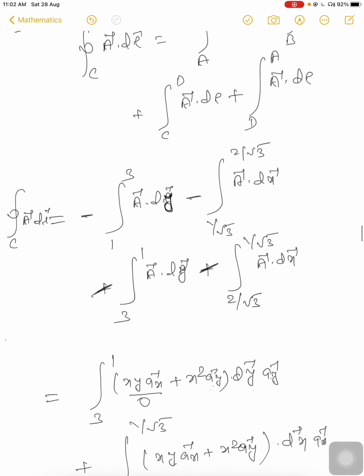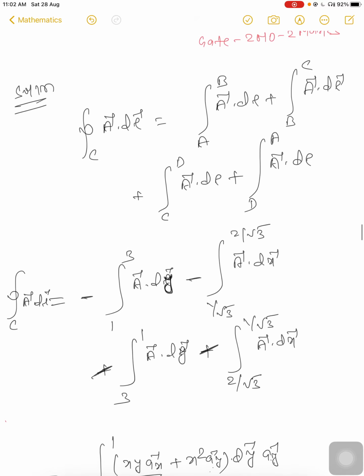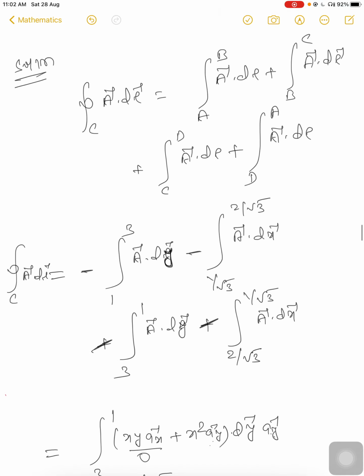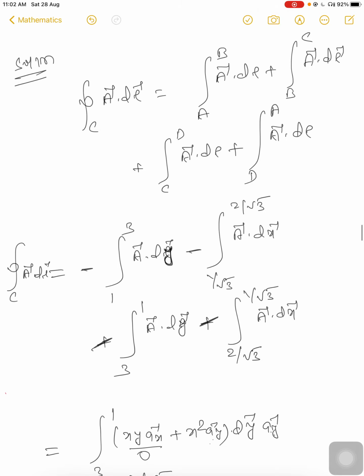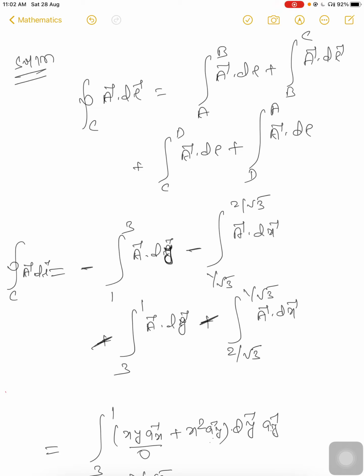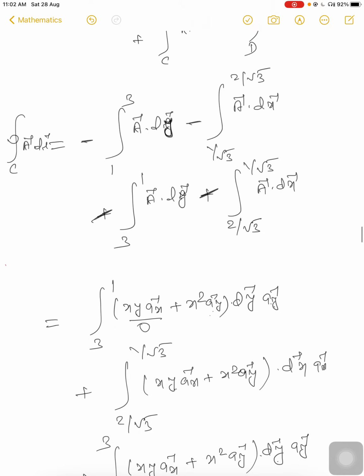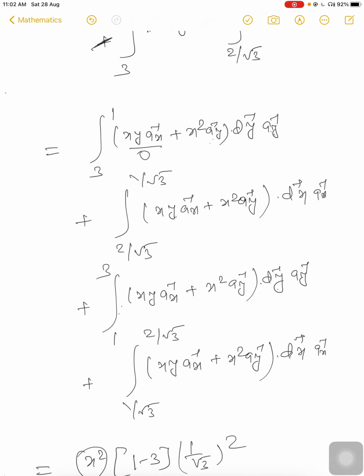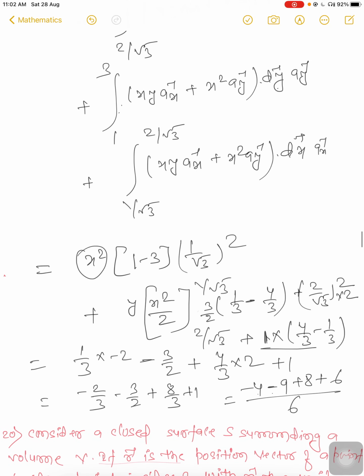Wait, A to D, the fourth one, A to D. Divided by 3, and dx, y1, y1 x square by 2.